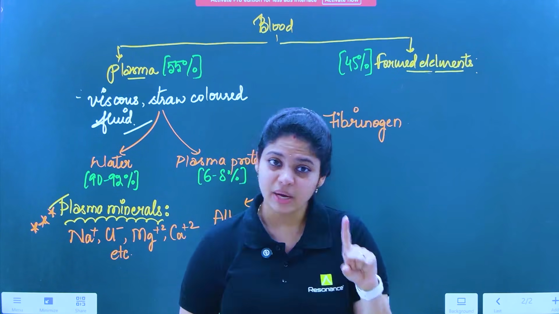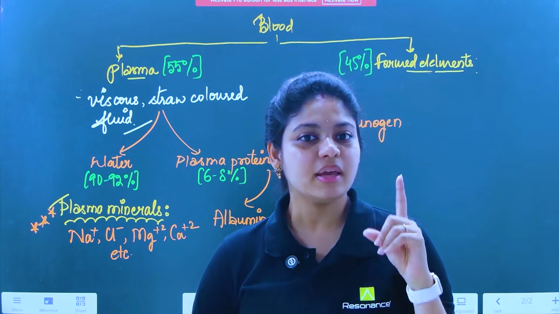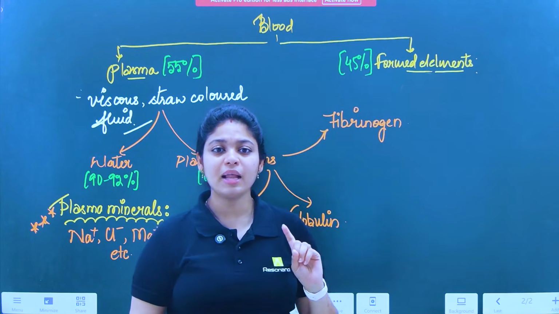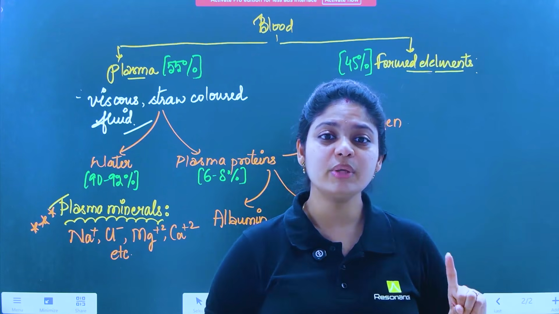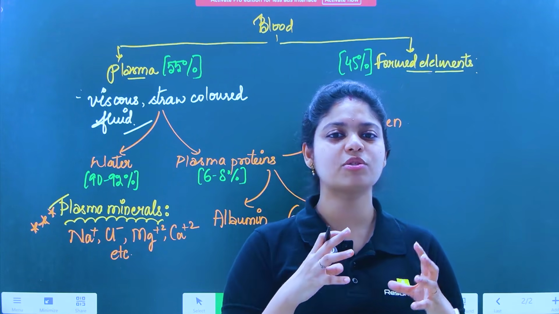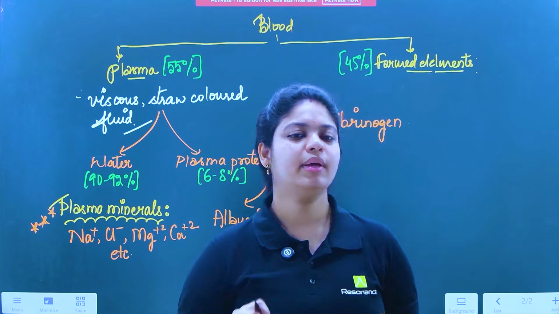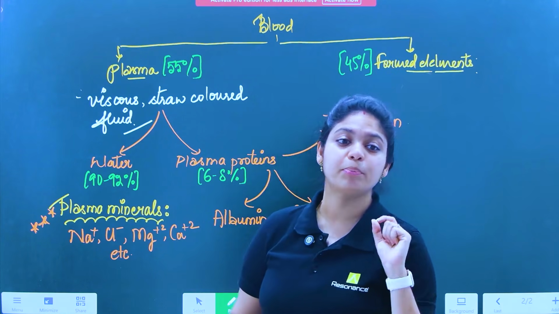Condition number two: in your blood, if the albumin composition goes down, then also you will see accumulation of water outside the cell, which will show inflammation. Got it?